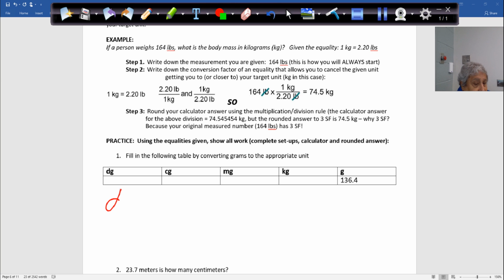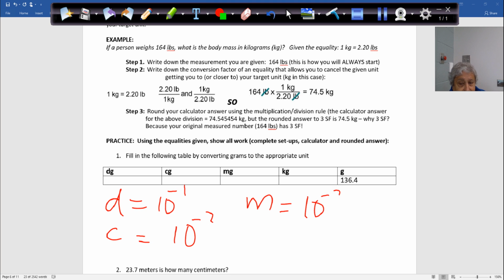D stands for 10 to the minus 1, C 10 to the minus 2, milli 10 to the minus 3, and kilo, small k, is 10 to the plus 3. You have to know the exponent you are dealing with for the conversion. To do conversions correctly, you have to know the powers of those prefixes: deci, centi, milli, kilo, and so on.